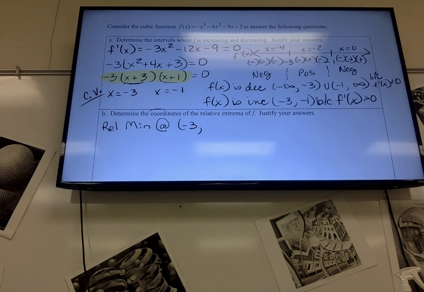But it wants to know the coordinates. So how do I find the other part? To f of x, right. I'm going to leave it blank for right now because f prime of x changes from negative to positive.